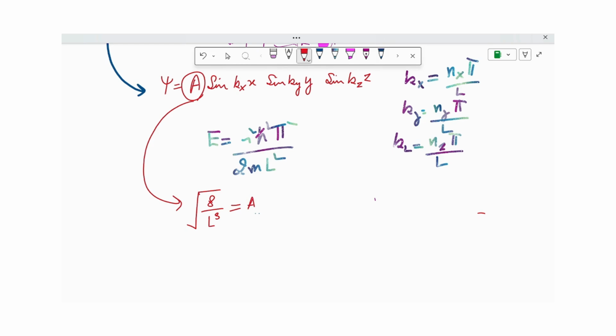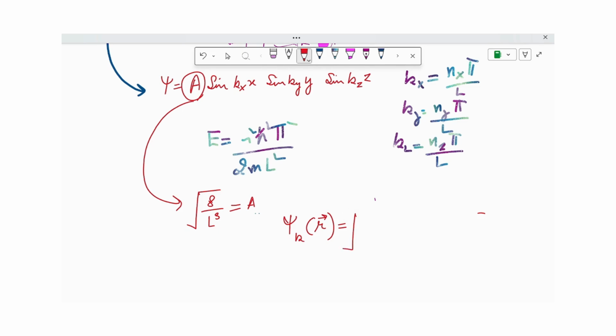So our final wave function, now I am writing this wave function as psi k of r, that is, we are talking about the mode where the wave vector has k value, and it is now dependent on r as we are doing the three-dimensional case.